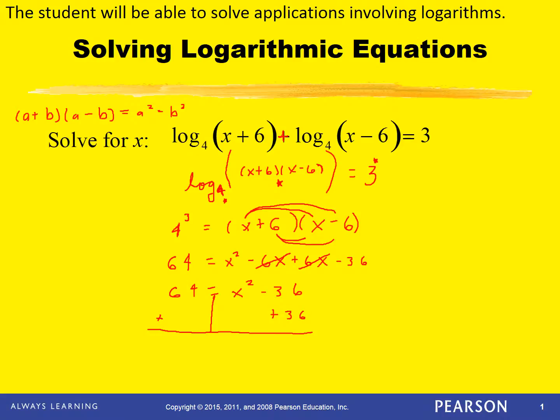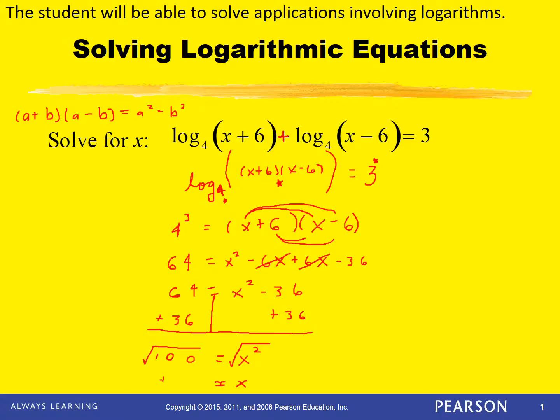So add 36, add 36, and 100 is equal to x squared. And we're going to undo the squaring by taking a square root of both sides. When you take a square root of both sides, of course, one side is plus or minus.